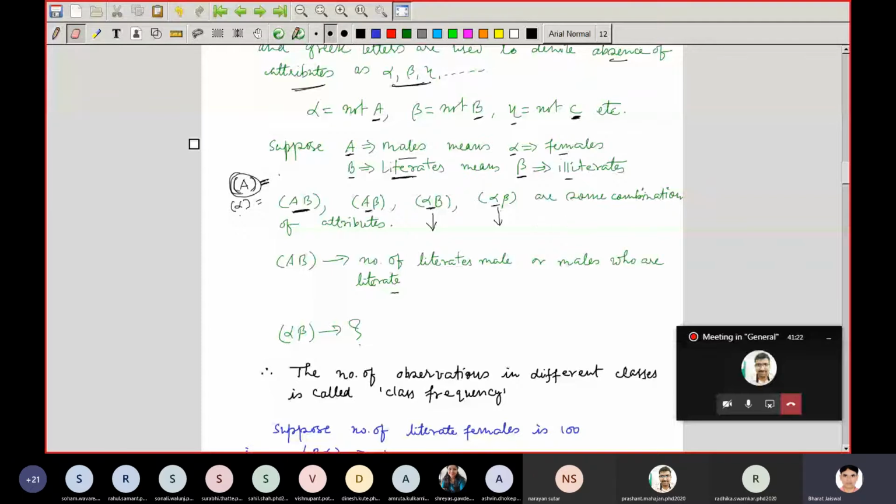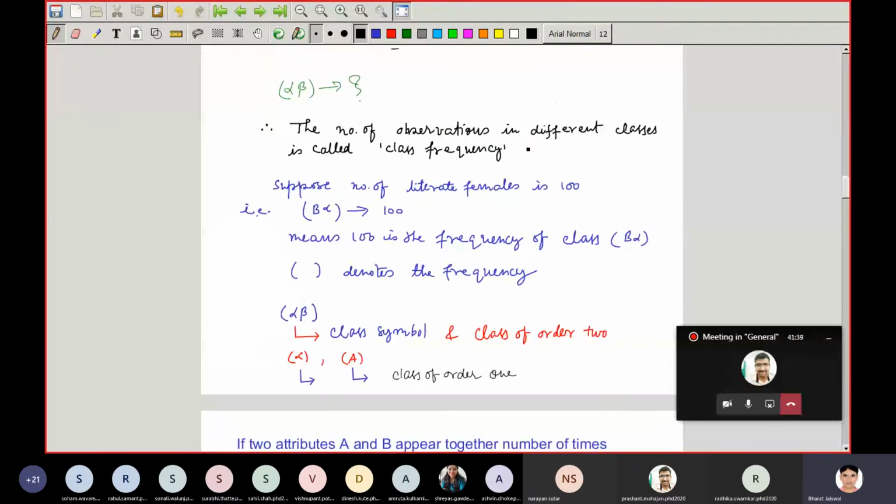So I want to say that first we take the attributes by letters, and then we create classes, and this stands for the frequency of the class having those attributes. The number of observations in different classes is called the class frequency.